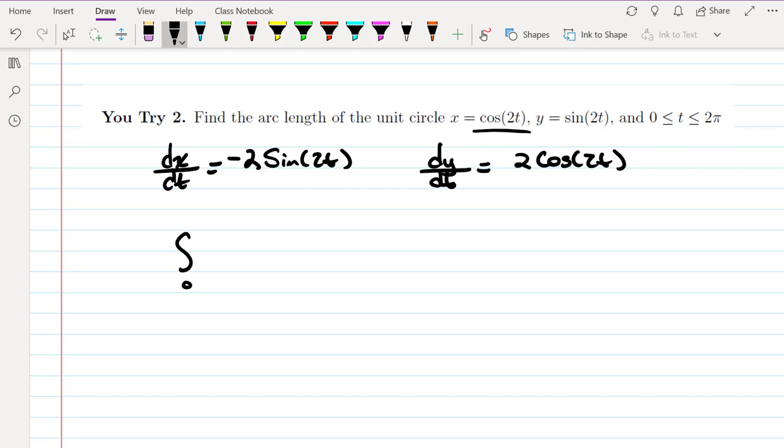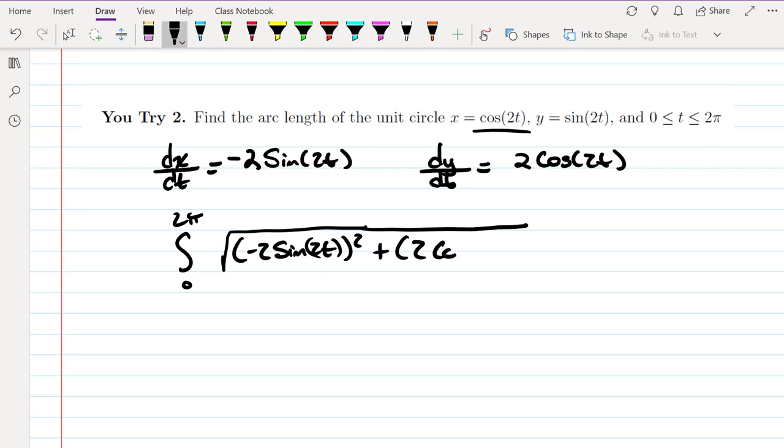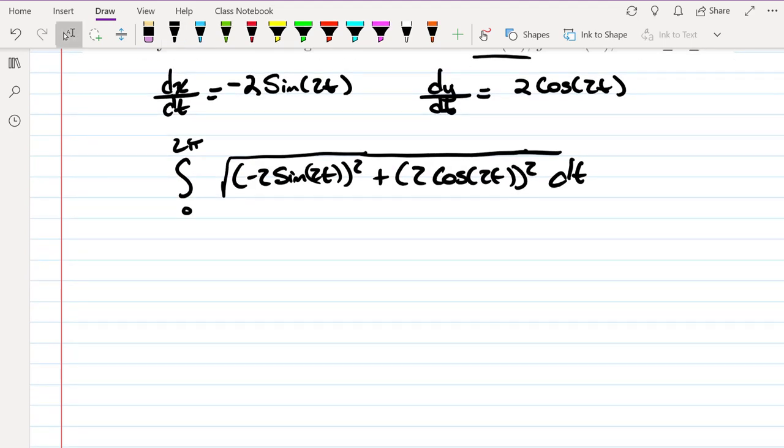So now we have the integral from 0 to 2 pi of the square root of negative 2 sine 2t squared plus 2 times the cosine of 2t squared dt. So negative 2 times negative 2 is positive 4. And positive 2 times positive 2 is also positive 4.